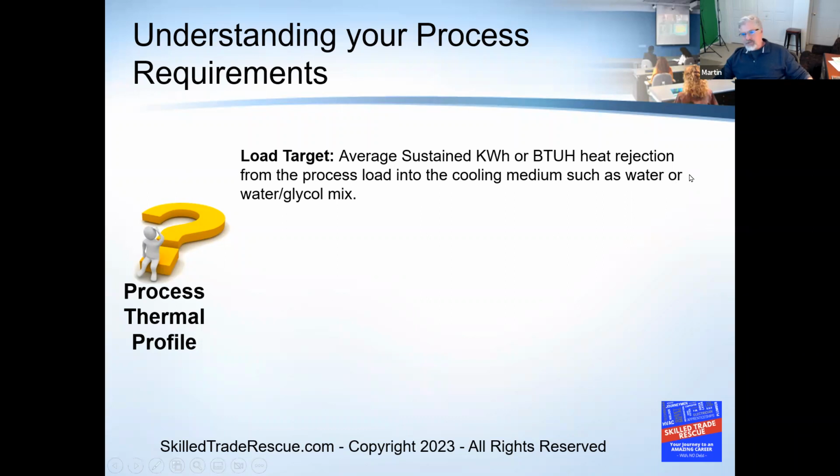Now, if you run across a situation where you're cooling a bunch of plate and frame heat exchangers, that's a totally different story. What I always recommend is when you're in a situation where you're cooling other heat exchangers, secondary, third, tertiary loops, it gets really crazy.